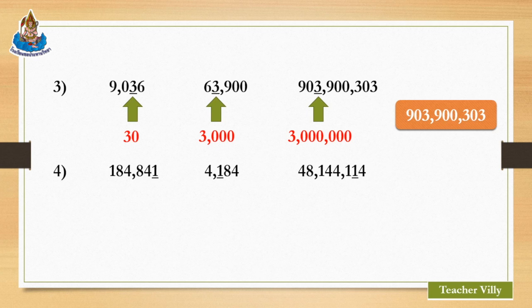Now, which of these numbers has the underlined digit with the greatest value? Alright, so let's take the first number, the digit 1. In this number, what is the value of the digit 1?